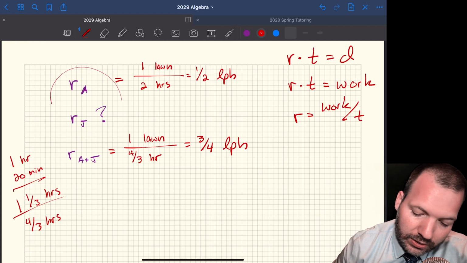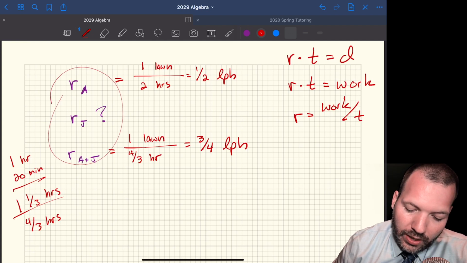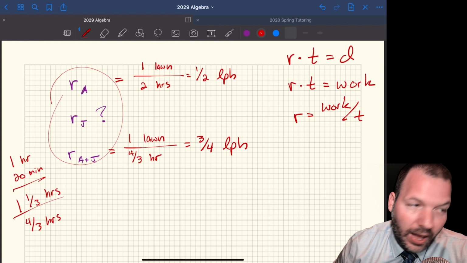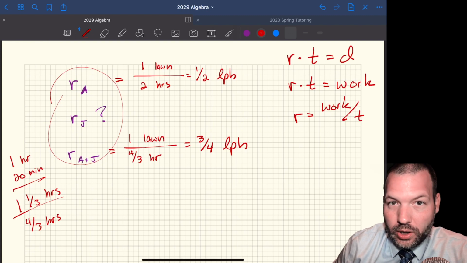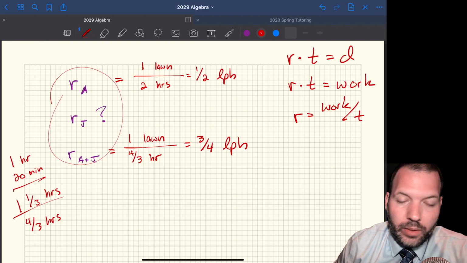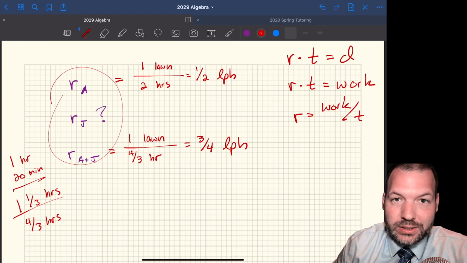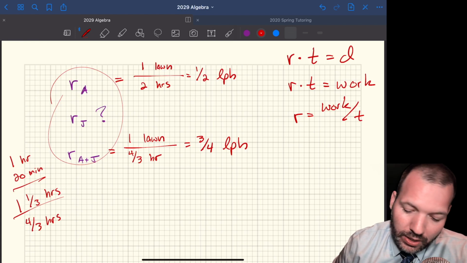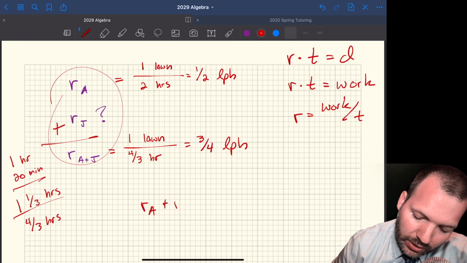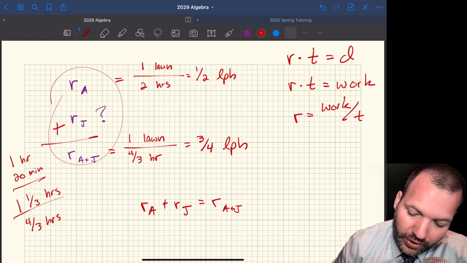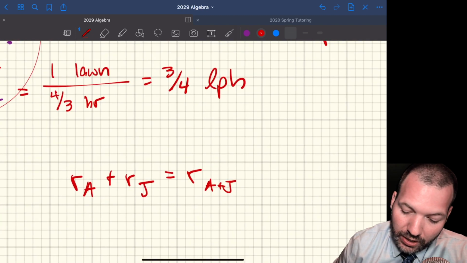Now finally, let's think about what's going on here. If by herself, Abby can do half of a lawn in an hour, but together they actually did 3/4 of a lawn in an hour, what must Jamal have been accomplishing? The difference between the two rates, right? In other words, this is a sum. Abby's rate plus Jamal's rate is going to equal their combined rate, their work together, right?